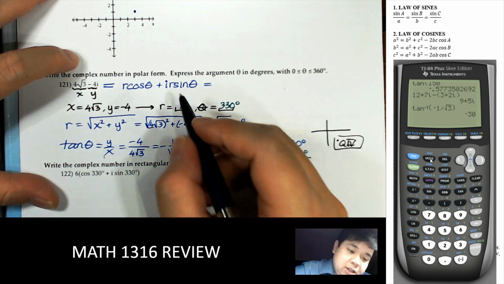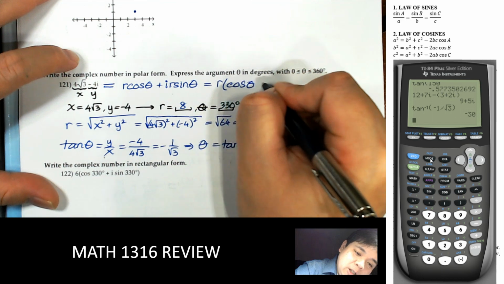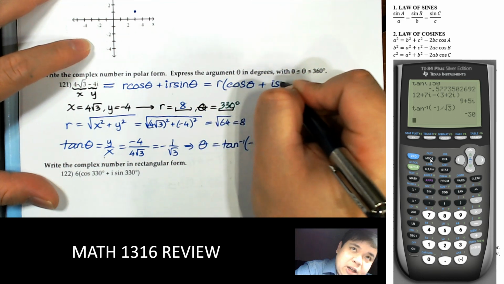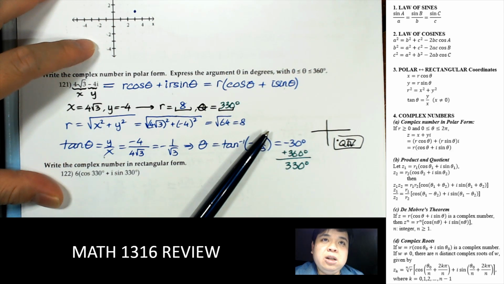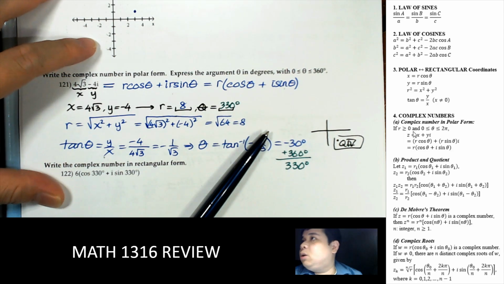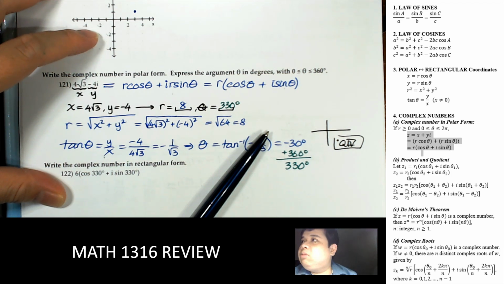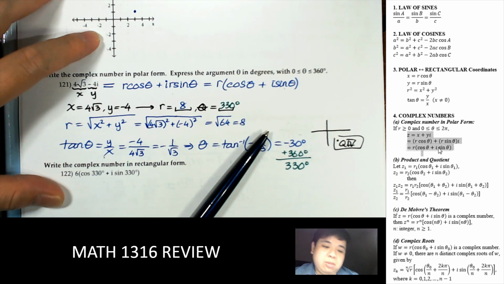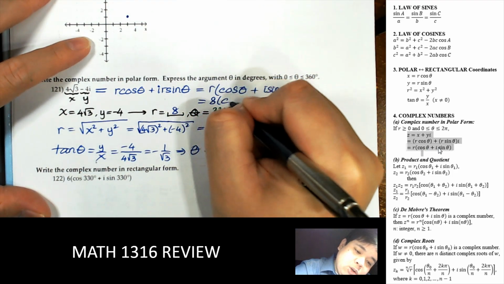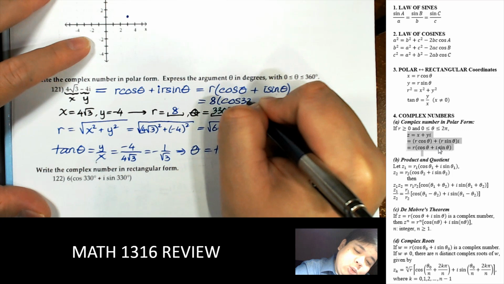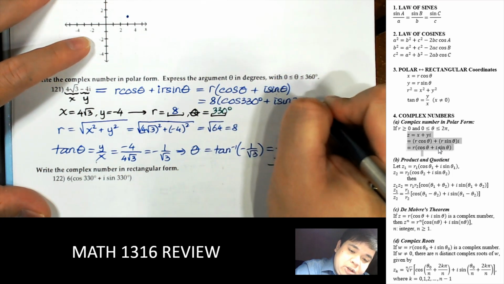But we can factor out the r, so I have r times cosine theta plus i sine theta. You can see we can write z as this, r times cosine and then i sine theta. So r is 8, cosine of 330 degrees plus i sine of 330 degrees.